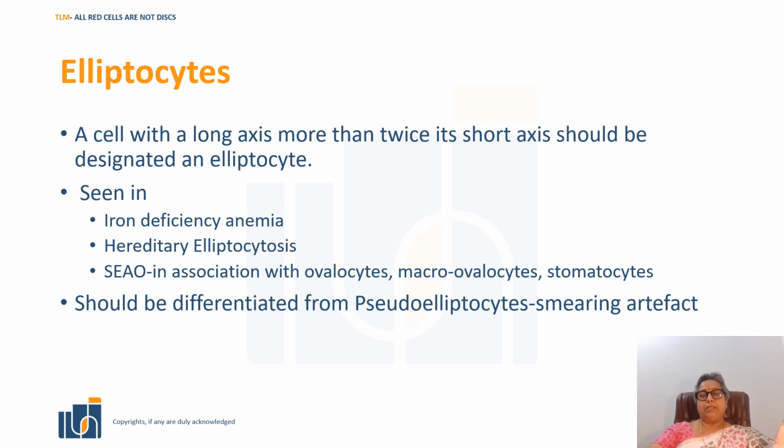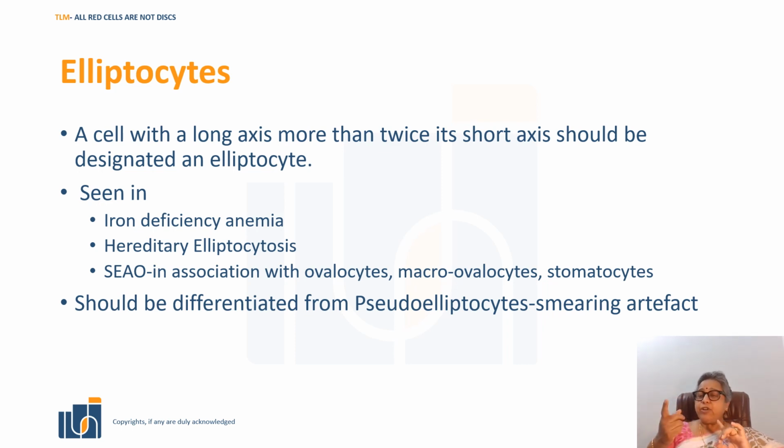and stomatocytes. Now, very important to note that we need to distinguish a true poikilocyte from a smearing artifact, especially in the case of these elliptocytes. So, pseudo-elliptocytes are a result of a smearing artifact.